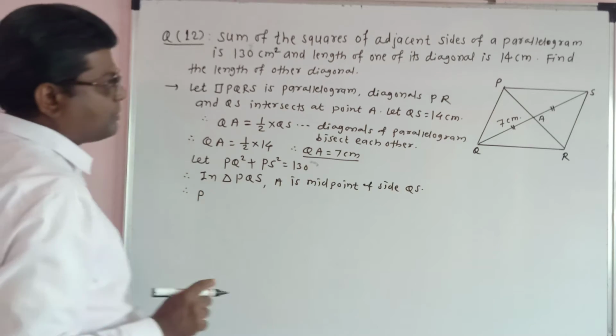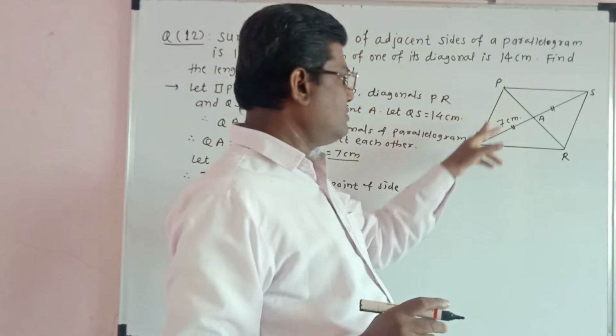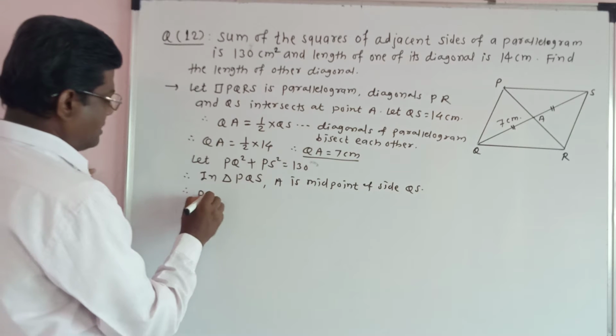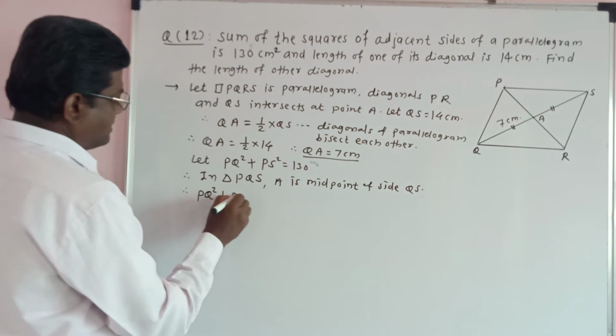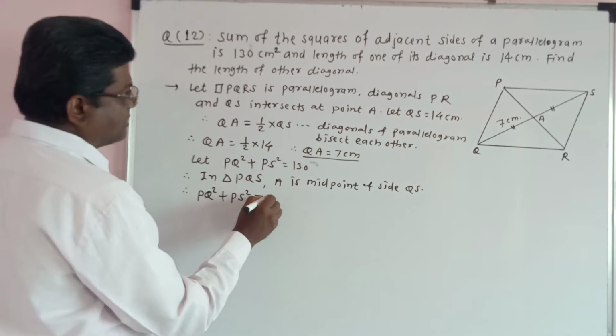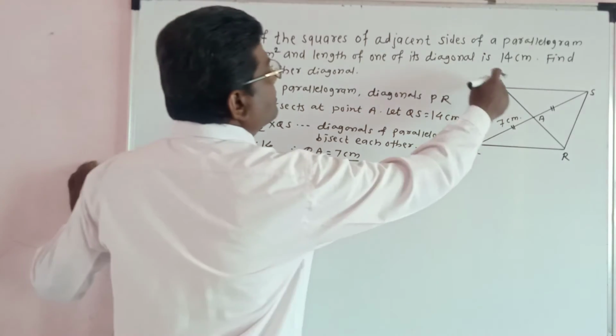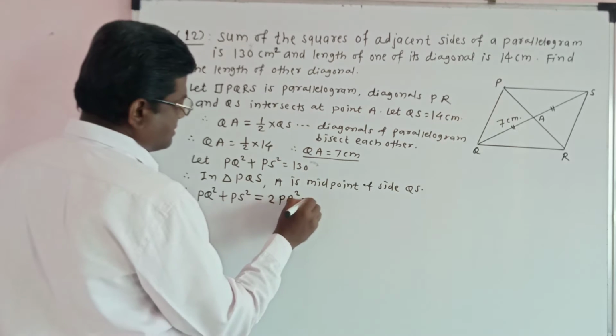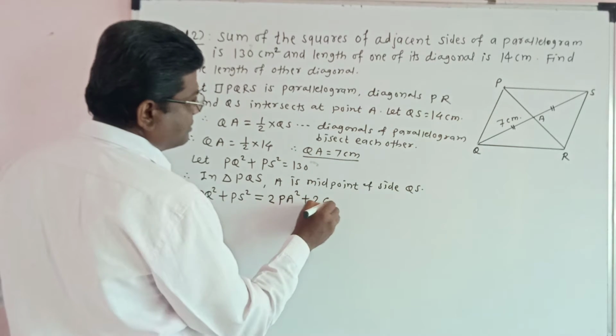Therefore, we use Apollonius theorem: PQ square plus PS square is equal to 2 into PA square plus 2 into QA square.